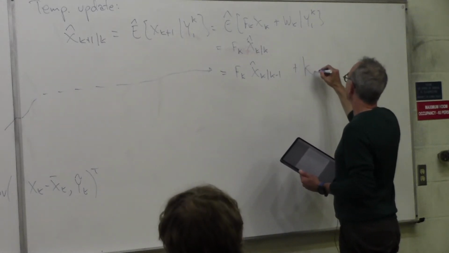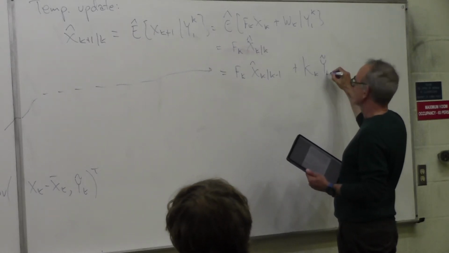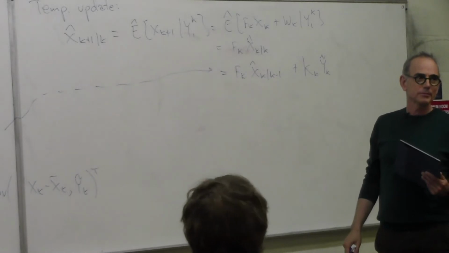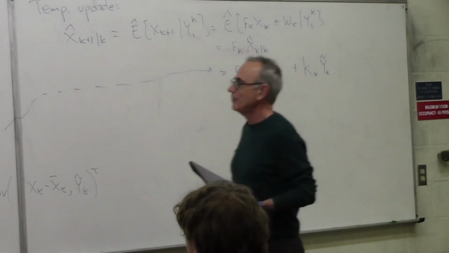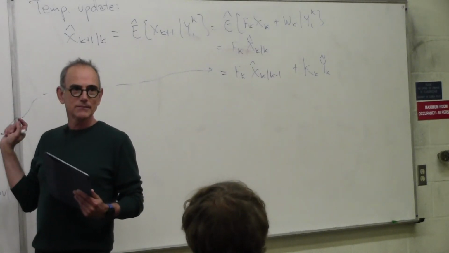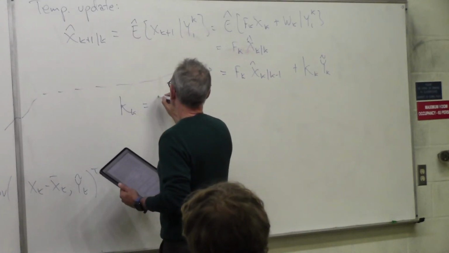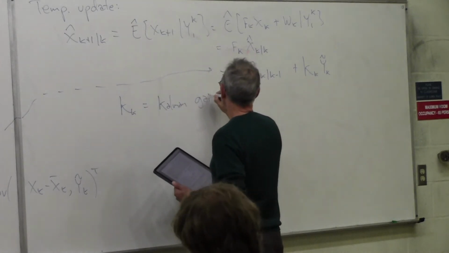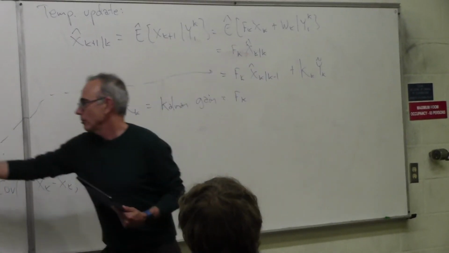And another thing that's nice, because what you're seeing there is the Kalman gain. Yeah, so the K_k is F_k times this whole monster. So it's F_k times this whole thing.